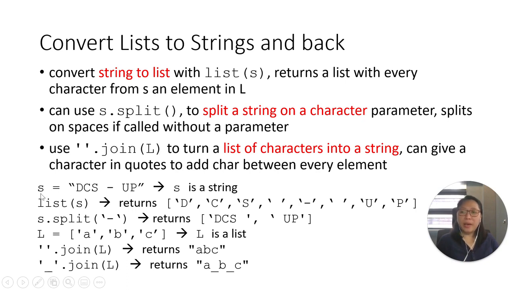Let's say we have a name S, and that name S is bound to the string "DCS - UP". So S is a string, and list(S) returns this list with the characters in this string as elements in the list.